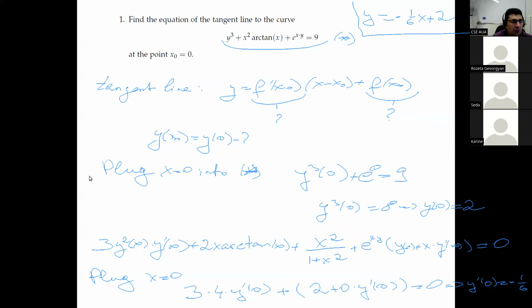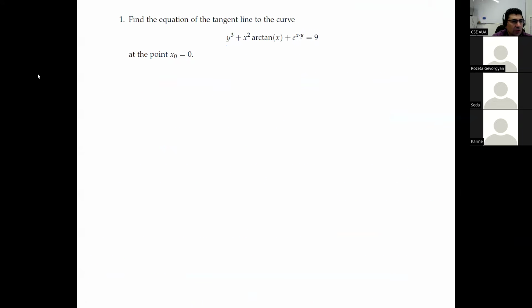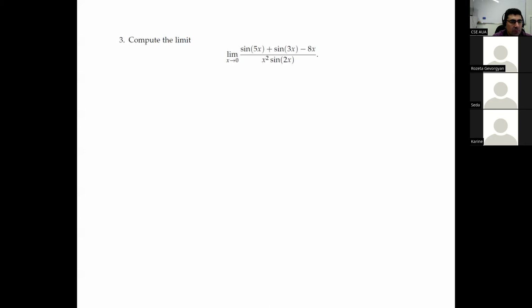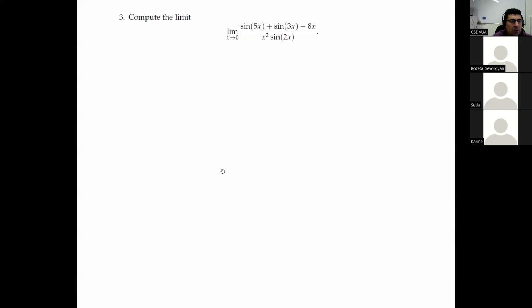Okay. Move forward to the third exercise of the same sheet. Calculate the limit. Okay, let's think of what to do.